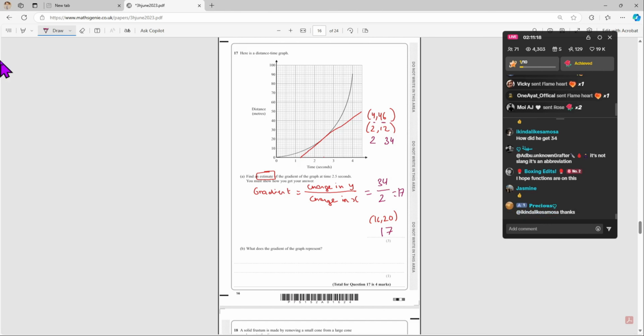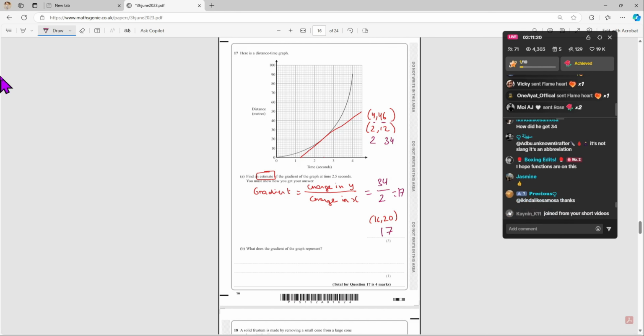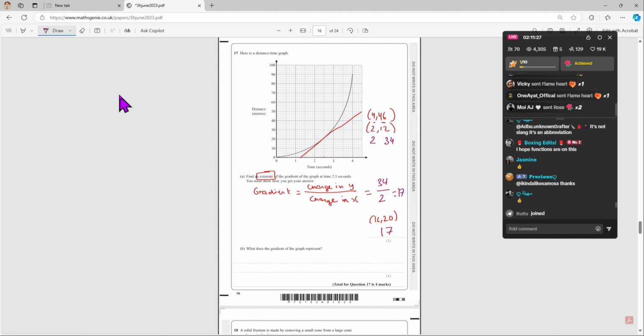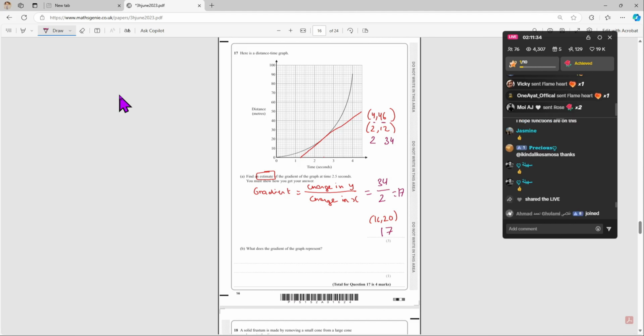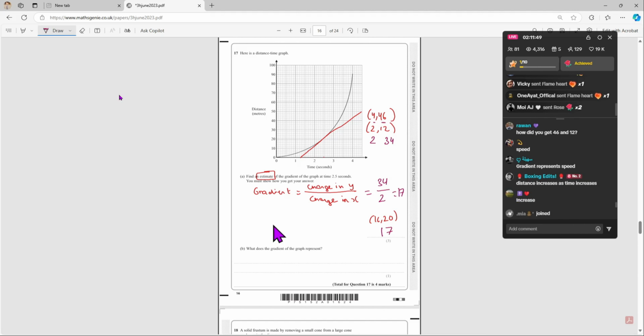So now what does the gradient of the graph represent? It's a one-word answer. What is the answer? No, the answer is speed, guys.